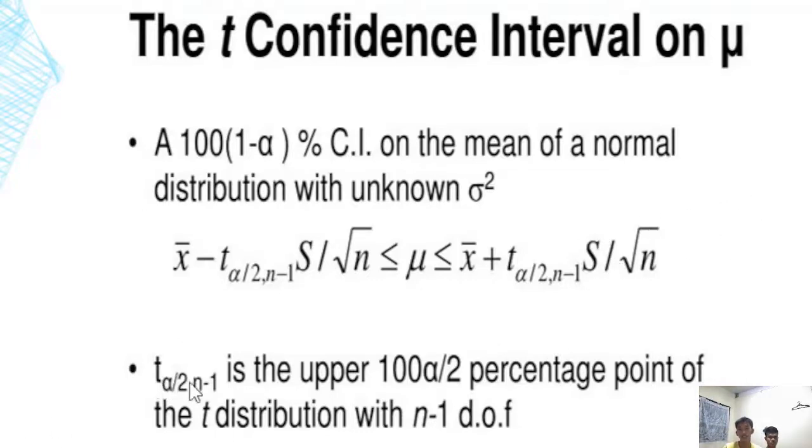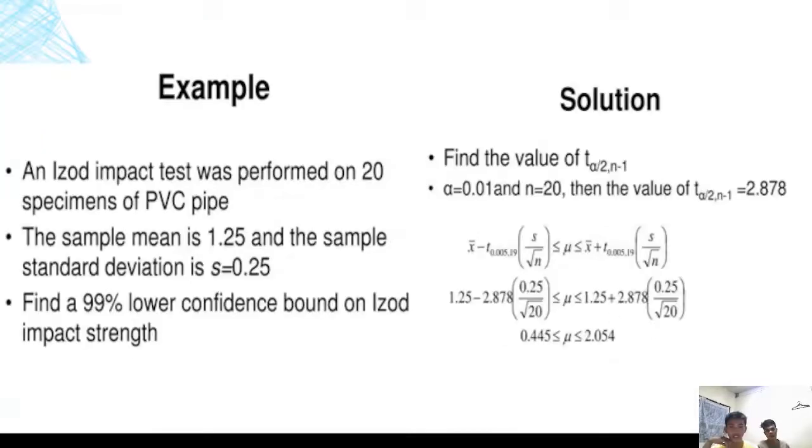T sub alpha over 2 comma n minus 1 is the upper 100 alpha over 2 percentage point of the t distribution with n minus 1 degrees of freedom.